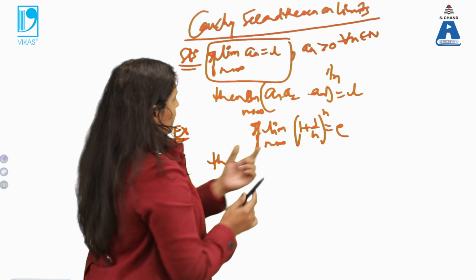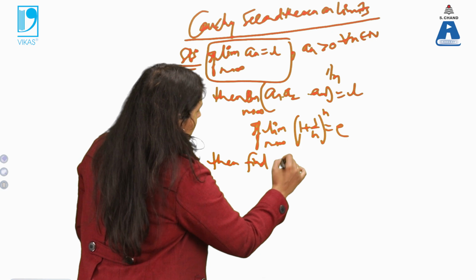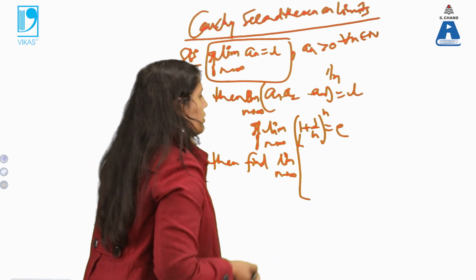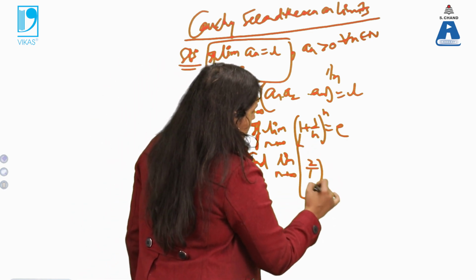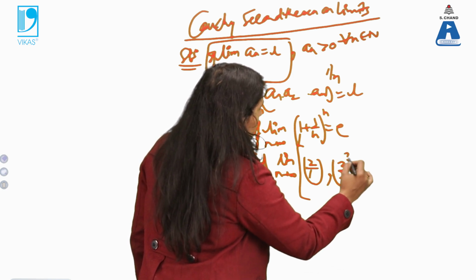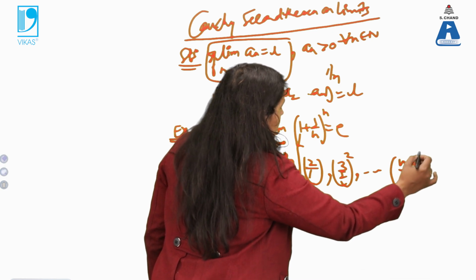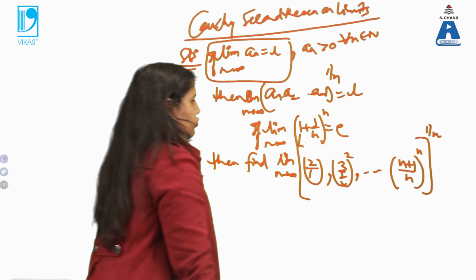If this limit is given to you, then find limit n tending to infinity of the big expression, (2 by 1, then 3 by 2, and so on, the last being n plus 1 by n) to the power 1 by n. This you are supposed to find out.